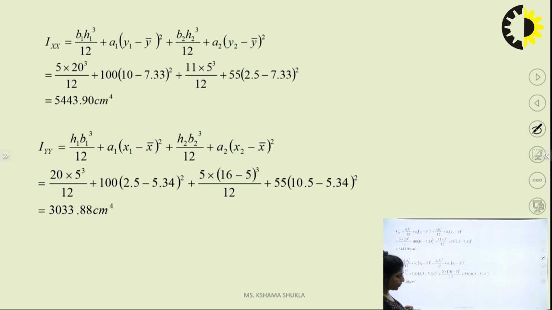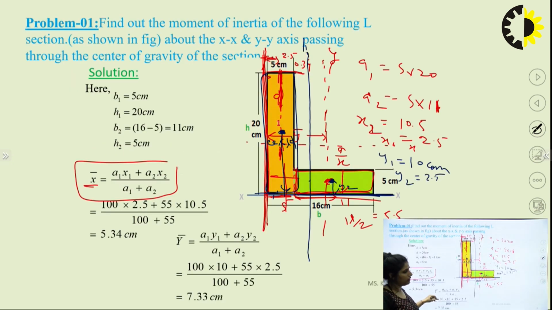Come to next. What is the need of that CG? If we need to find out the moment of inertia, what is the need of centroid? I can say that sometimes we don't need this. But if I need to find out the moment of inertia about some reference axis, at that time we use the parallel axis theorem.